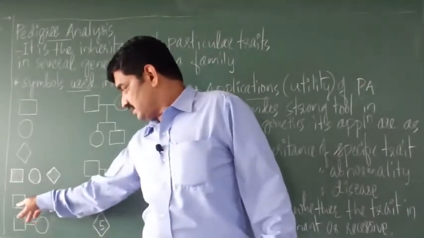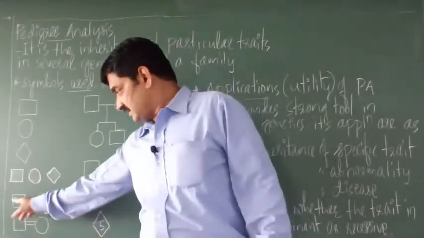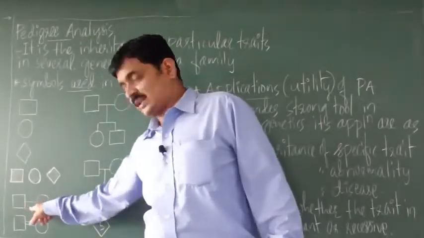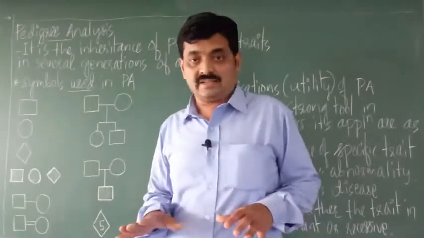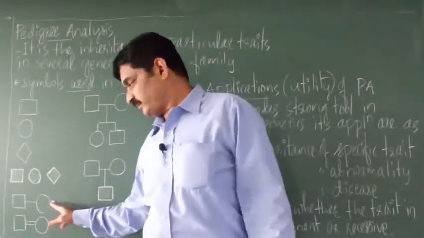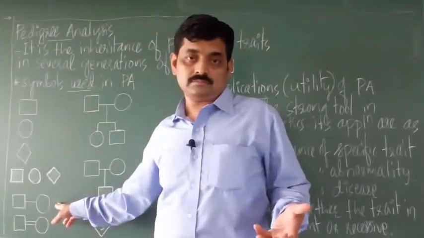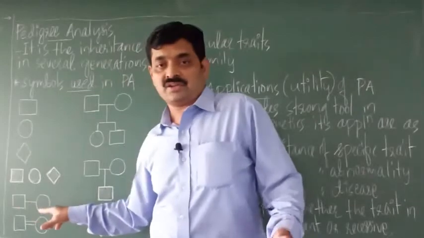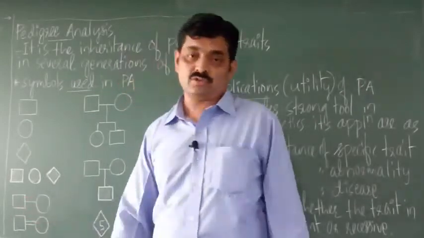Then this symbol. Here there is a male, this is the female. You can see a horizontal line linking this male with female. That indicates a married couple, or this horizontal line indicates mating or marriage between these two individuals.